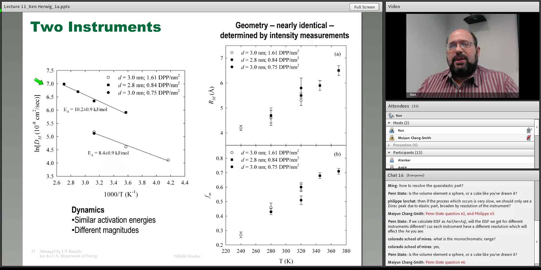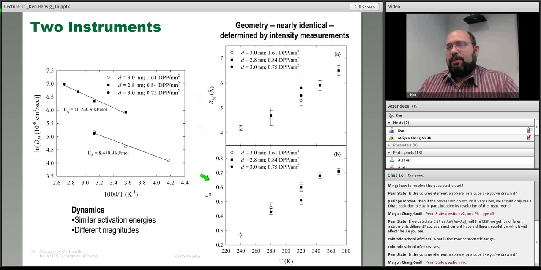The two instruments give you then different diffusion coefficients. The interesting thing is, though, that the activation energy you calculate, even for the two different resolutions and the two different absolute values of the diffusion coefficient, are very similar to one another and almost identical within the error bars. And so that's a very interesting observation for this particular instrument.